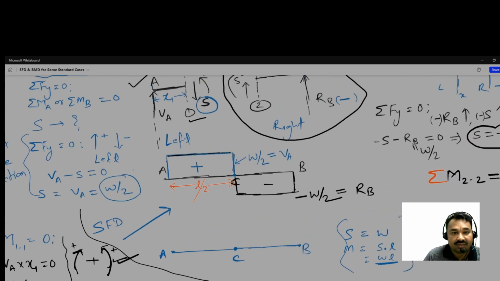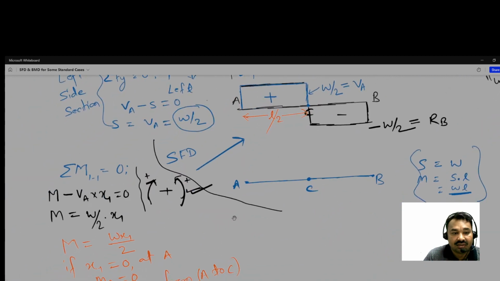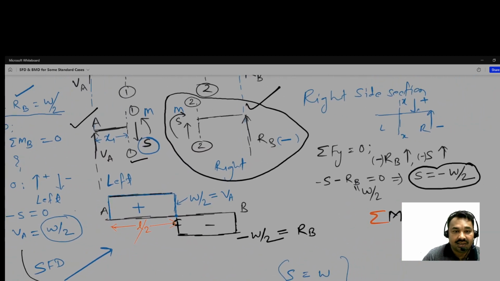So here from this we can get M. Here we had taken anti-clockwise positive, clockwise negative.